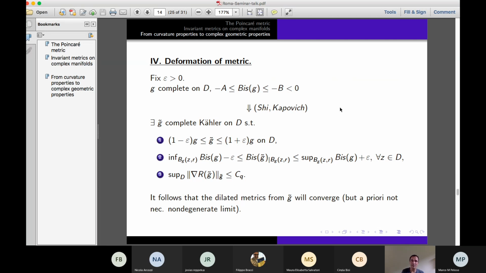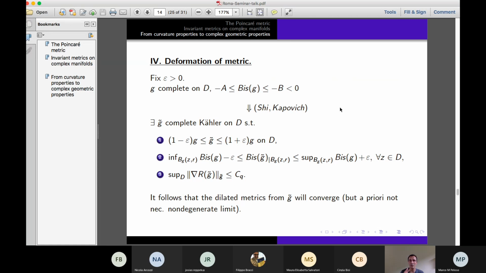Fix some positive constant epsilon, and then there is a result due independently to Kapovich and to Xi that tells you the following. You can deform your metric to a new complete Kähler metric.